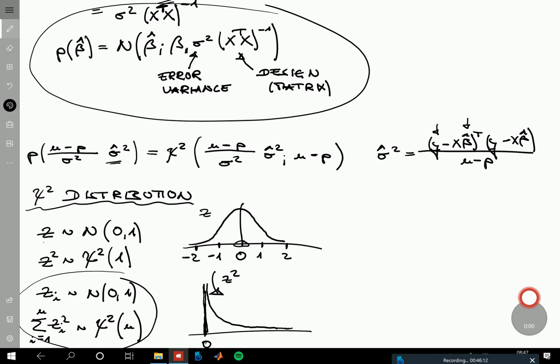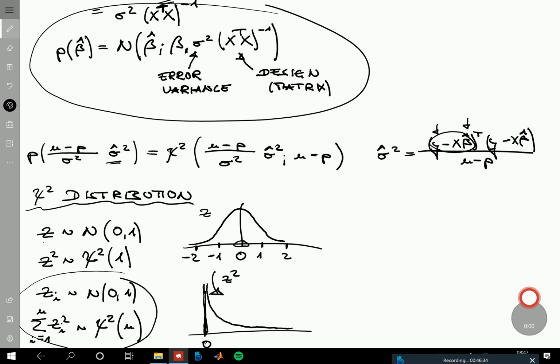You put them together, and intuitively you again get something normally distributed, and then you multiply it with itself, so you square it. So it's intuitively sensible that you get something chi-square distributed.